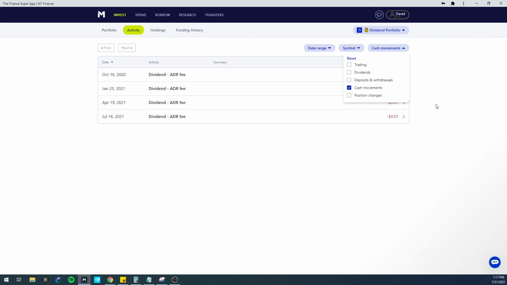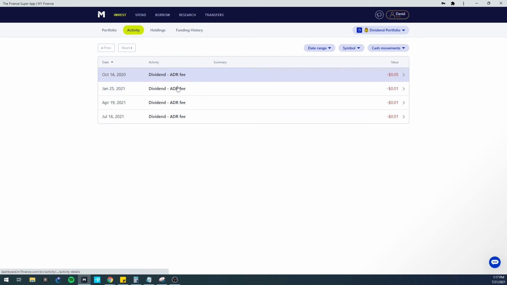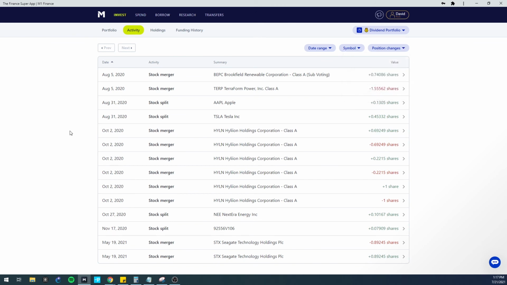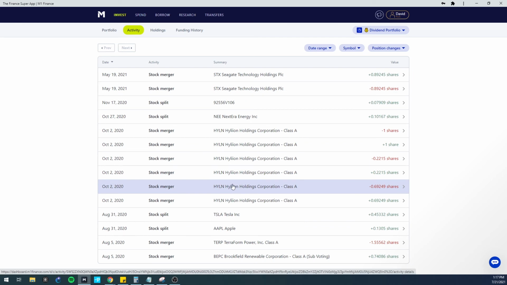Cash movements. These are going to be all your fees. You can see here they're just ADR fees. Position changes. Yeah, these are going to be your splits, your mergers. Okay, it does not show ticker symbol changes. It should, but it doesn't. I was going to see if it had that TTE there.